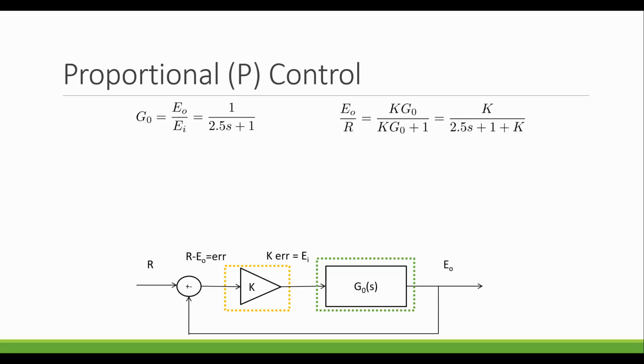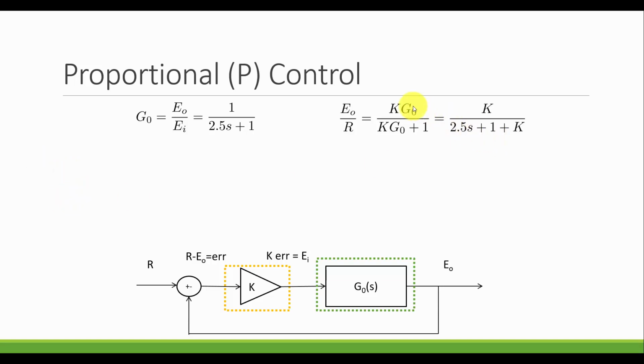What does E out over R look like? That's the transfer function that we care about. If we feed in R as a 5 volt step function, what does E out look like in this feedback system?